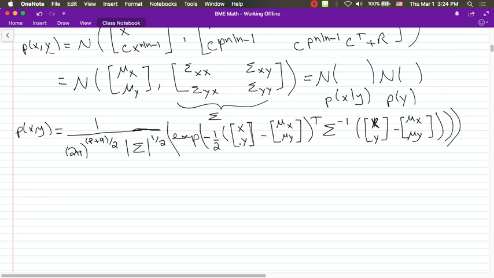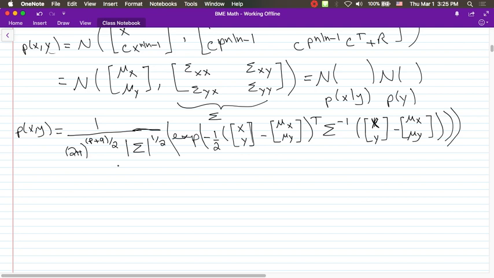So I take the difference between my variable xy and that, transpose, times the inverse of the variance, and this is just going to give me a number, exponential, normalized by the size of that system, which is 2 pi to p plus q divided by 2 times the determinant of my variance raised to the power 1/2. Do you have any questions about what I did so far? Do you see? So all I've done is just written a normal distribution.